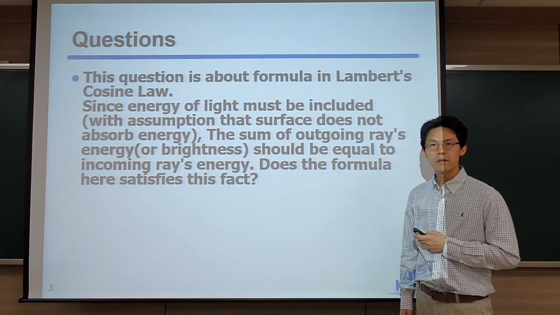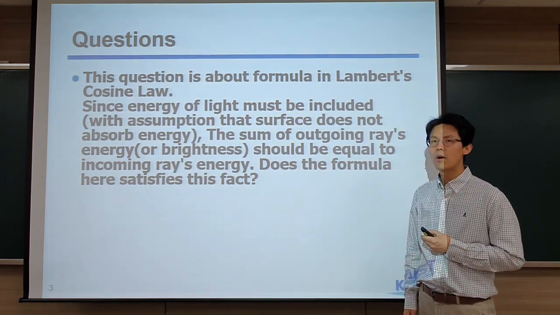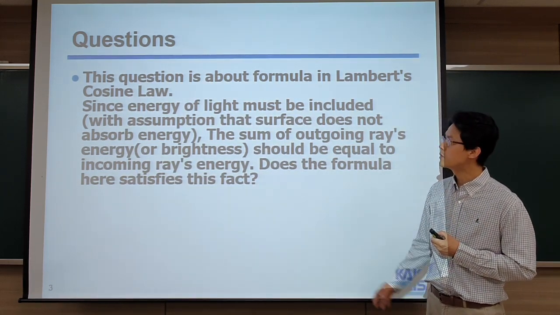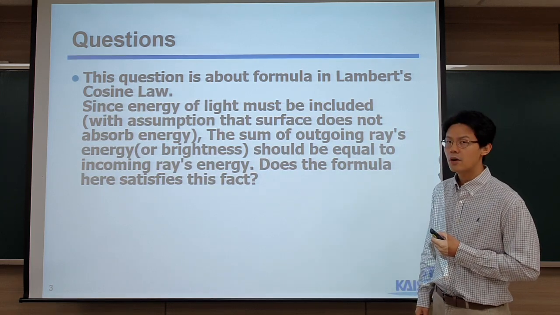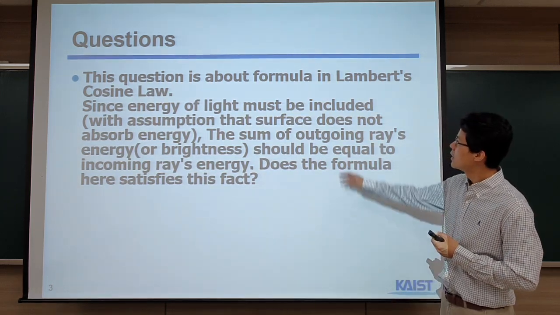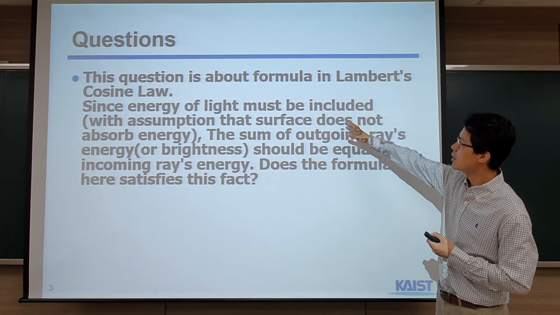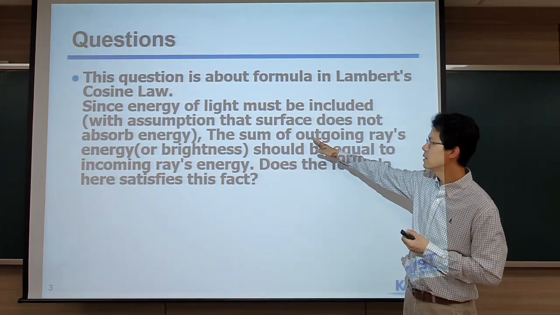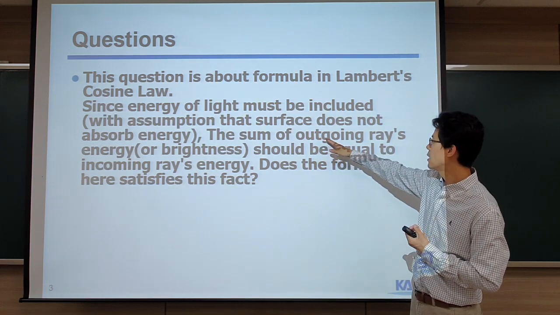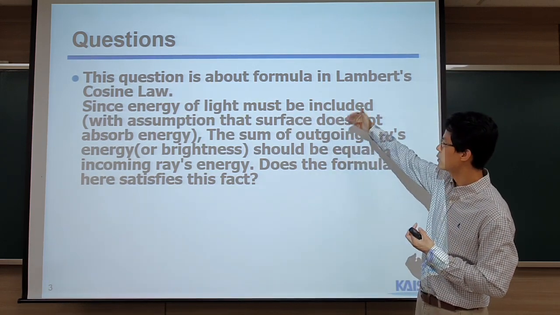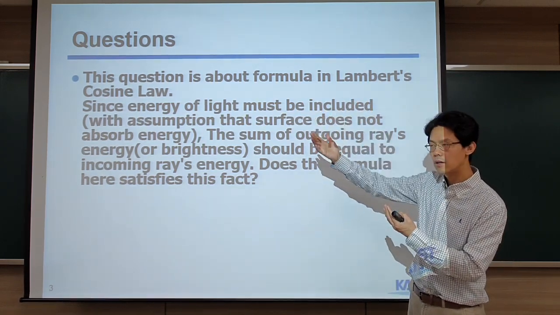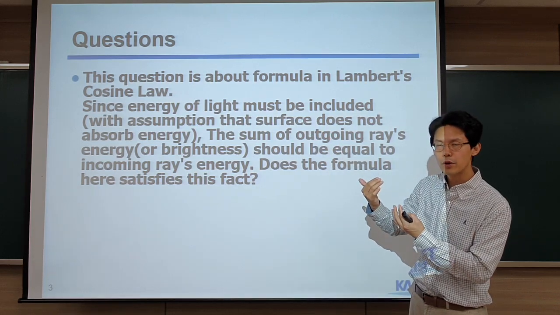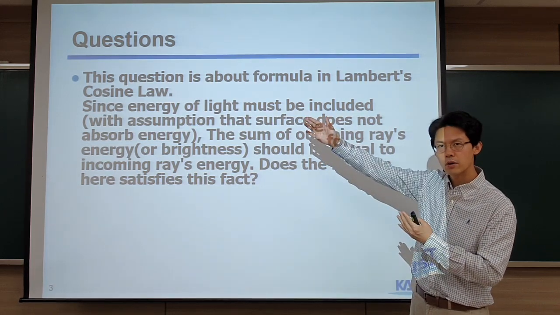I actually went over all of your questions, and I found one question very interesting. One of your fellow students mentioned that last time we talked about the Lambert cosine law, right? Basically we get some energy along the incoming ray, and then we reflect the energy into the outgoing ray, right?